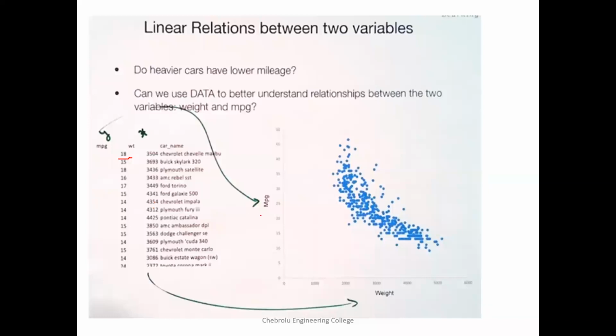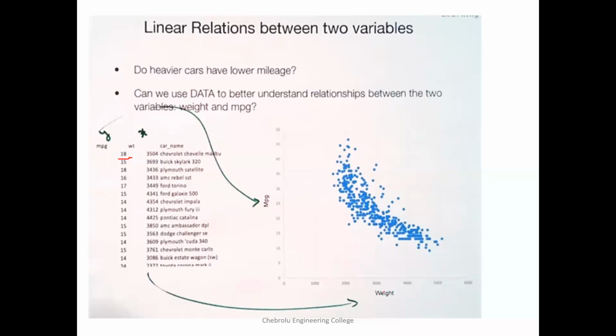Now a graph can be plotted by putting weight as the independent variable. The question is, do heavier cars have lower mileage? So here the mileage is dependent, and weight is independent.